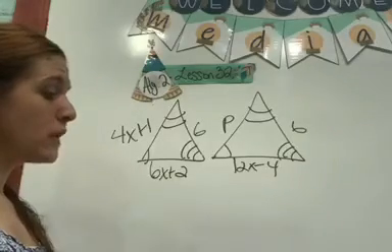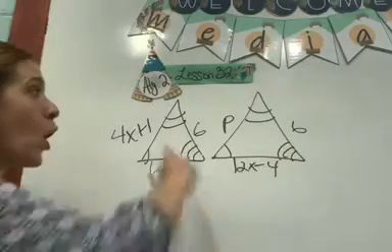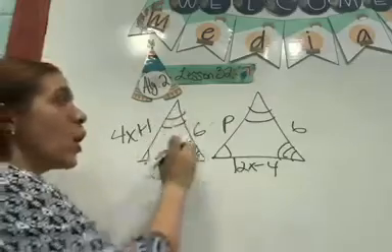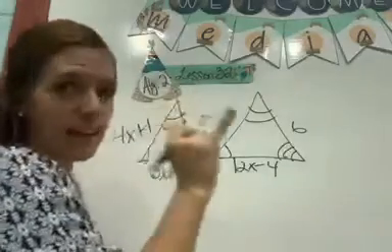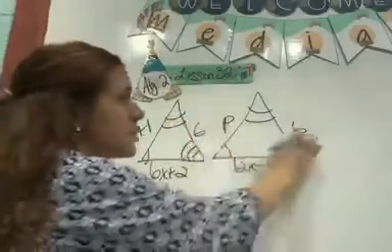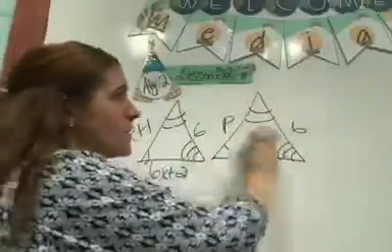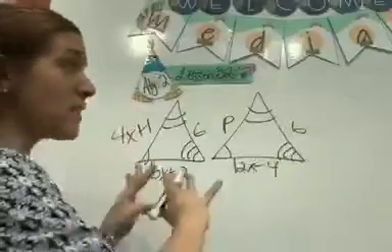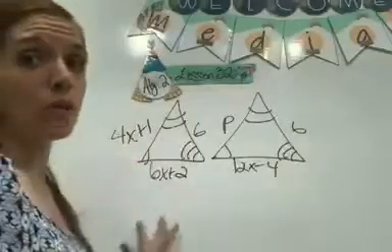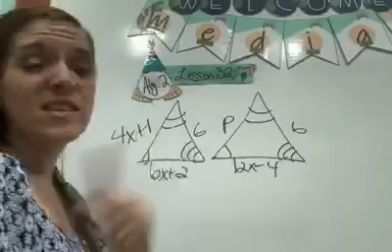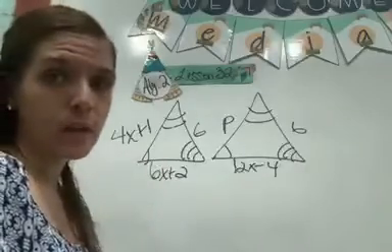However, if all three angles are equal and there is one side that is equal, this side is equal to this side, that means that actually these triangles are congruent. They're not just similar, they're congruent.